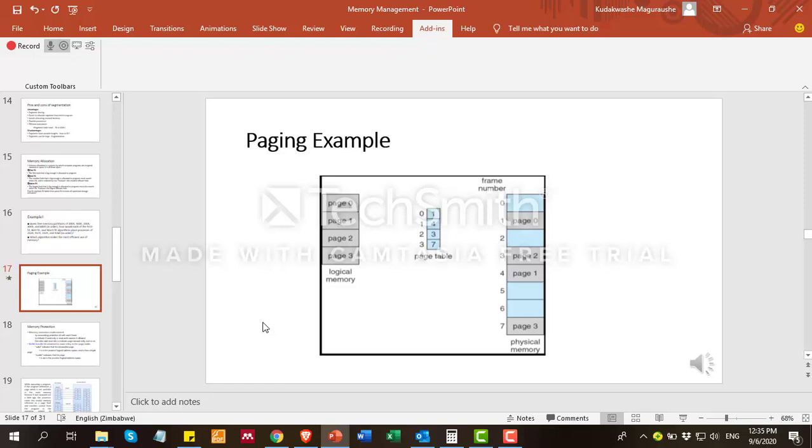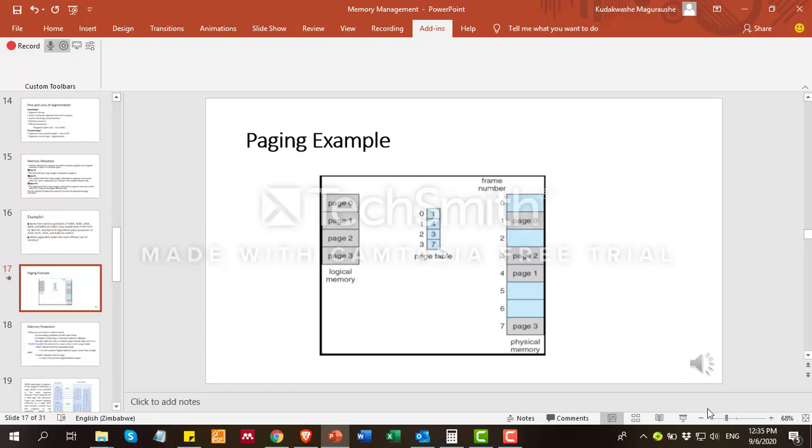So what does it do? It will end up reporting what we call a page fault. Then when a page fault occurs, there's a set of steps that you need to do in what we call page replacement. You need to replace that page so that you won't get the page fault. So this is what we need to do.